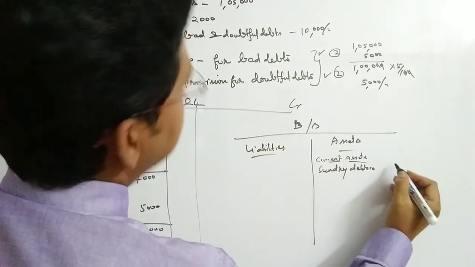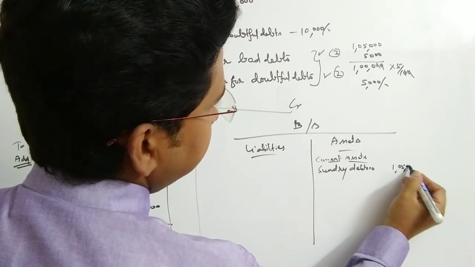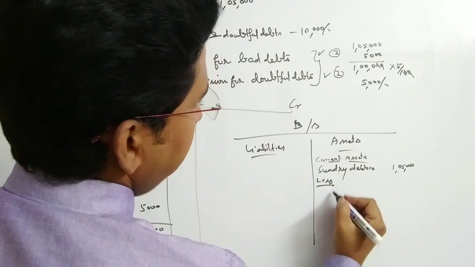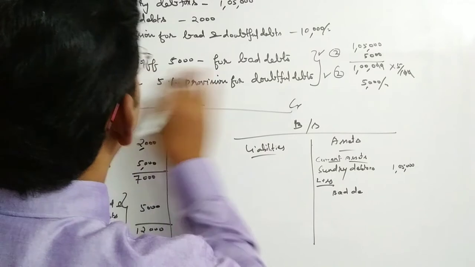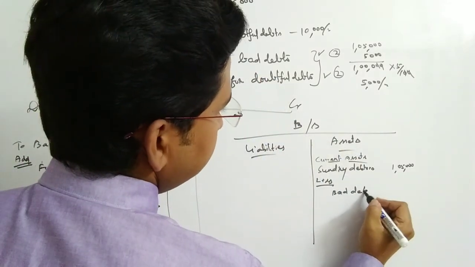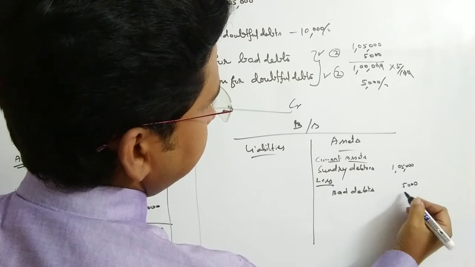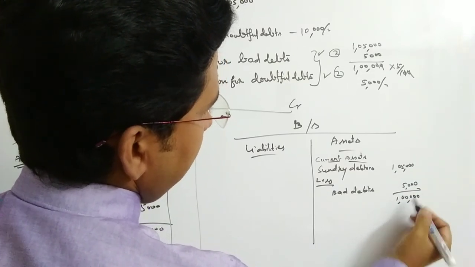So sundry debtors, how much? 1,05,000. Then less bad debts. Keep in mind, only the new bad debts which are in the adjustments. How much? 5,000. Write the remaining value, that is 1 lakh.